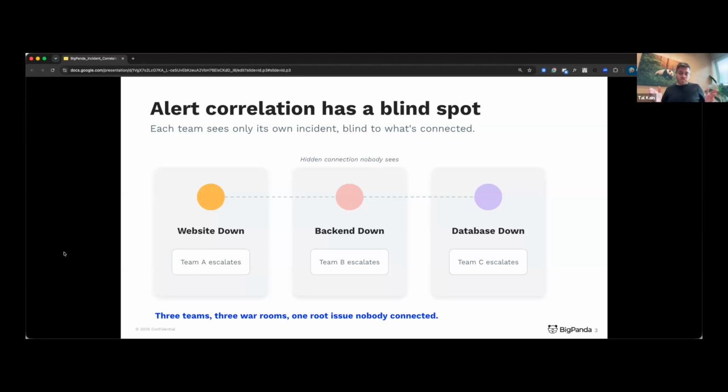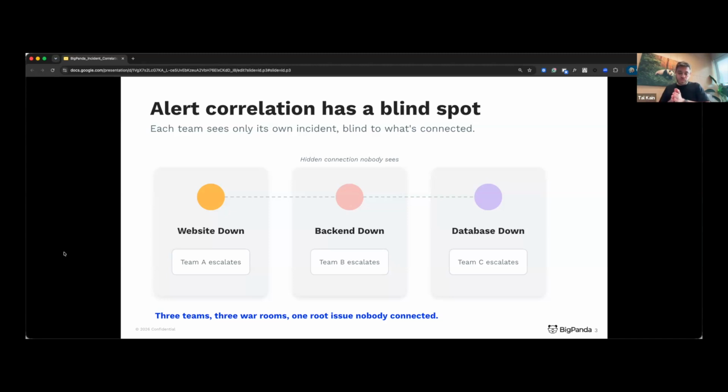Now, I won't be able to name this customer specifically, but we do see multiple cases where different NOC teams are getting alerts on their specific areas. Each one of them is escalating these alerts into different teams, and in every team, they go and jump on these incidents and start investigating. And eventually, all these teams are getting to the same incident or the same root cause that is focused on just one team.